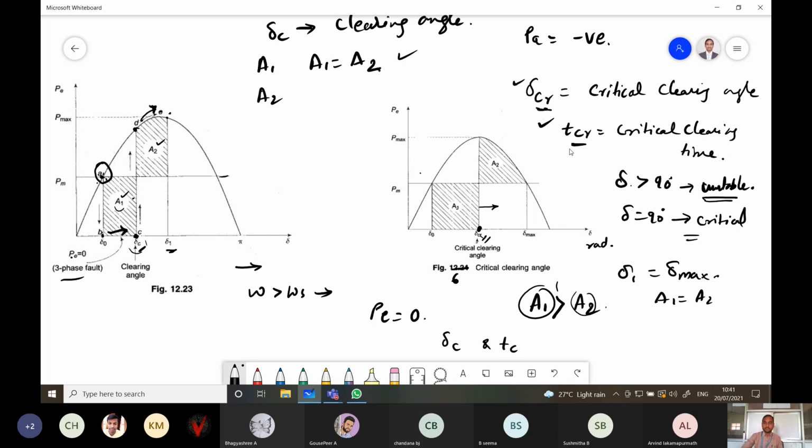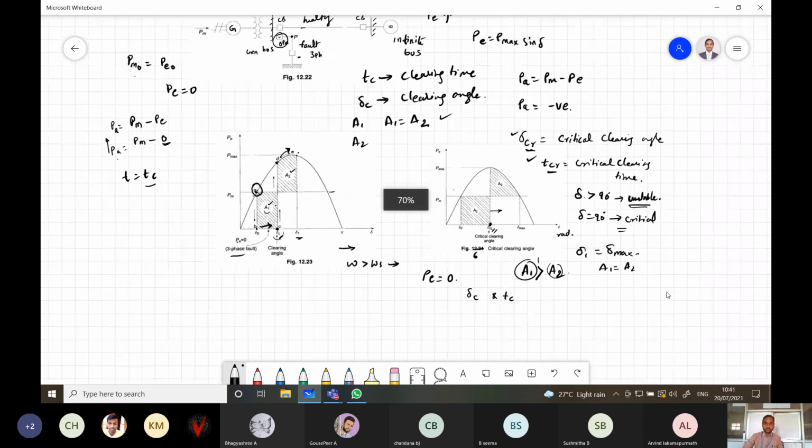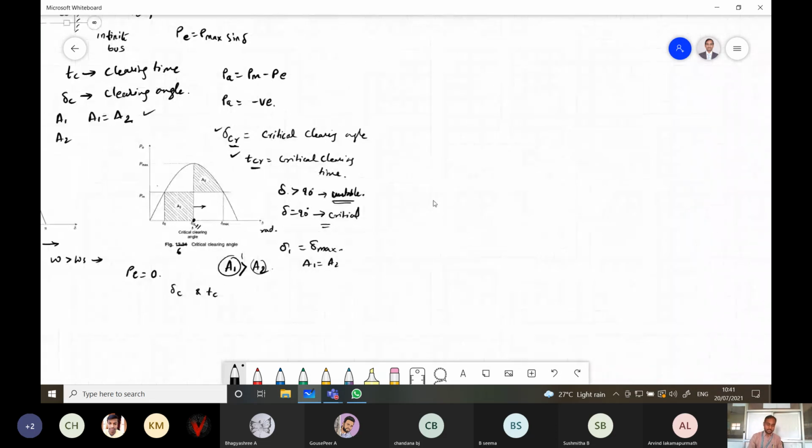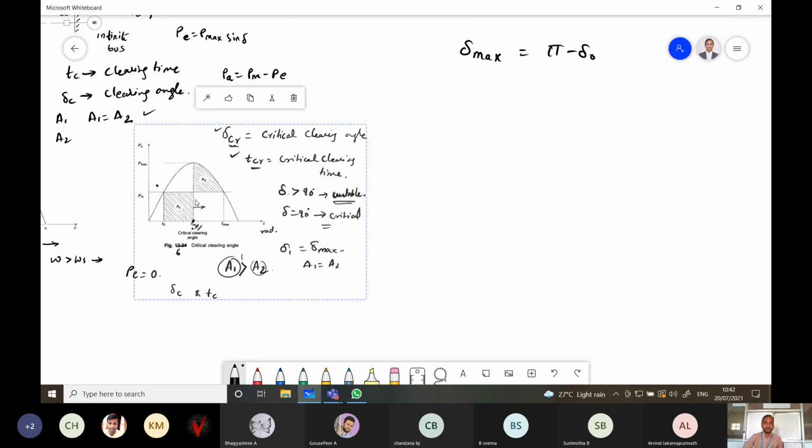So from this we will write the expressions for delta CR and TCR. So delta max is equal to pi minus delta naught.